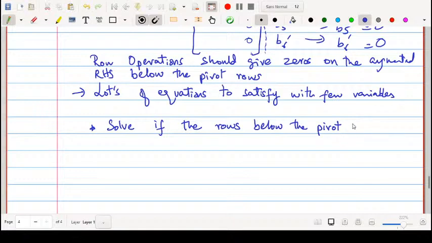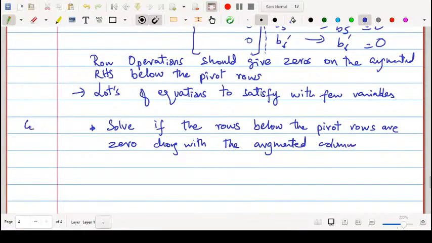But yeah, if the rows below the pivot rows are 0, along with the augmented column, this is when you get a consistent system, and you can then solve Ax equals b, right? And so in this case, Ax equals b has a unique solution.